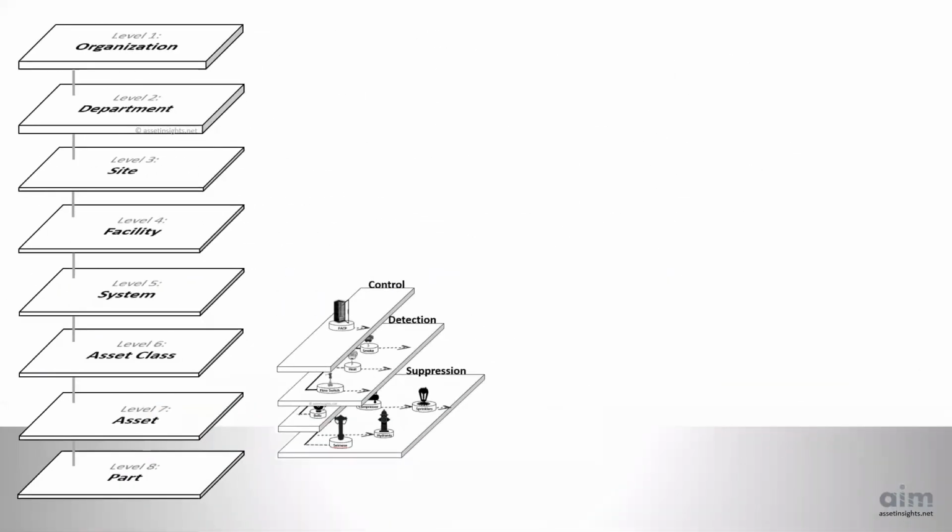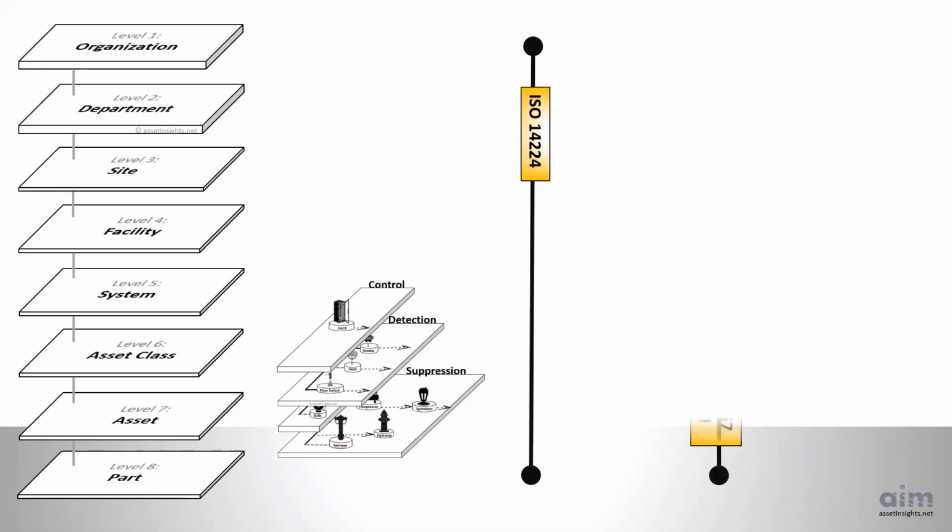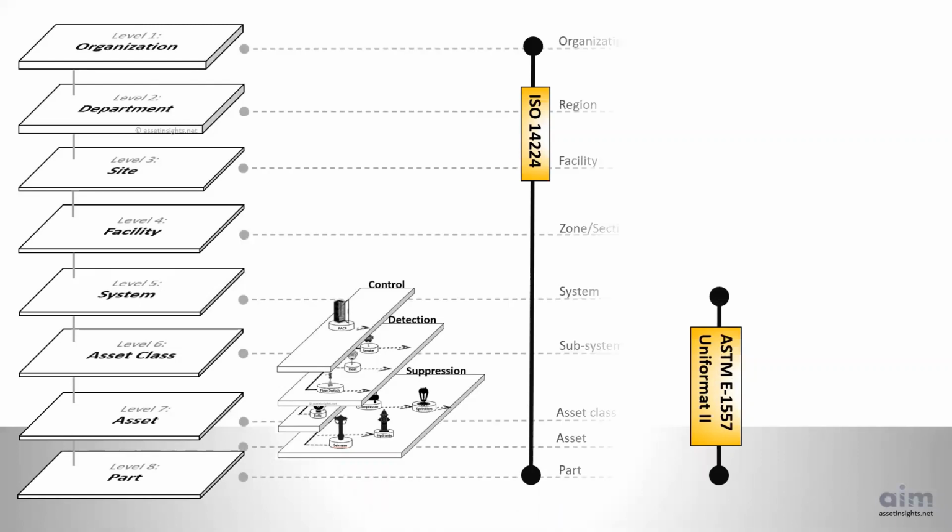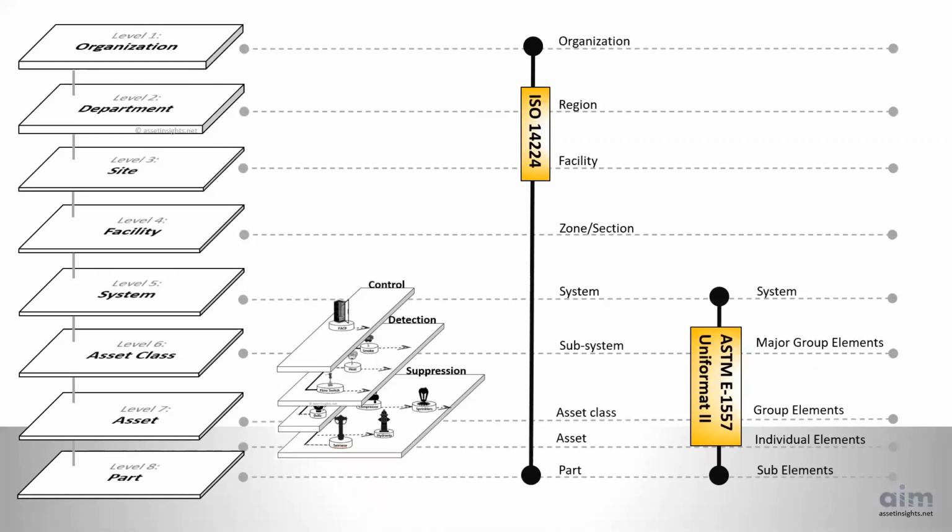A well-constructed hierarchy that incorporates upstream and downstream relationships will facilitate management processes. Standards such as ISO 14224 provide guidance on the full spectrum from the highest to the lowest levels. Other standards are more focused on the tangible physical assets. Depending on the function of the organization, the naming convention for each level may vary.